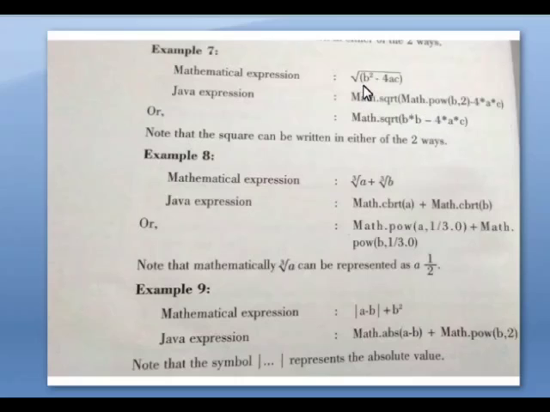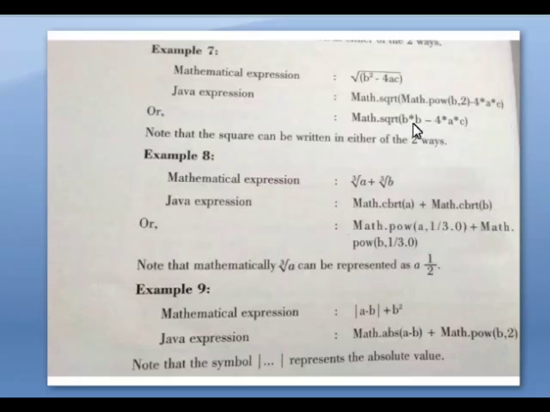Otherwise you can write it like this: Math.sqrt of b into b minus 4 into a into c, because the power is small, so there is no need to use the Math.pow function. If it is a big number we can use it; otherwise, for 3 powers or 4 powers you can use the same multiplication.